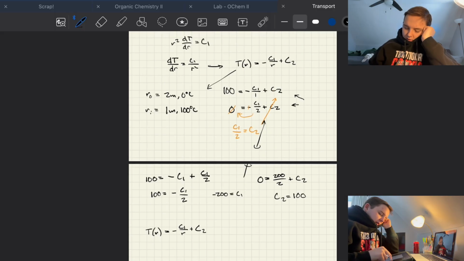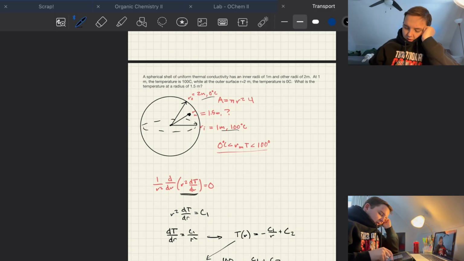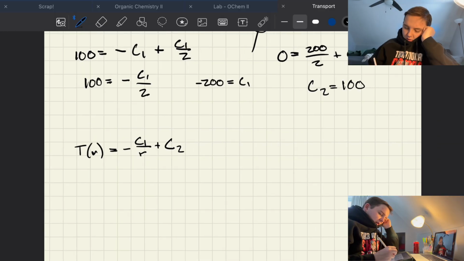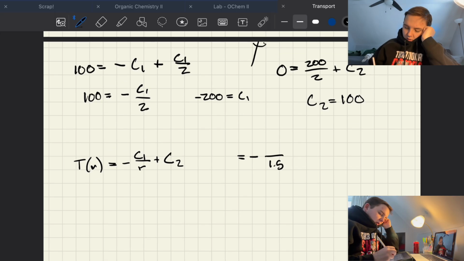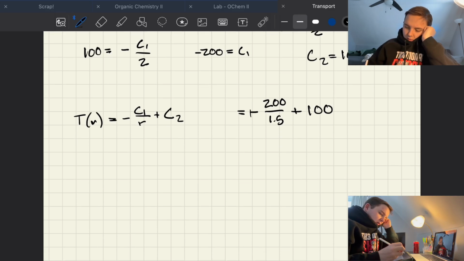So let's do it. Our radius is 1.5 meters. So we're going to have negative 200 over 1.5, and 100. Oops, this will just be positive, because of the negative.